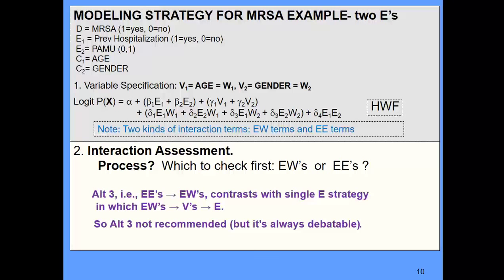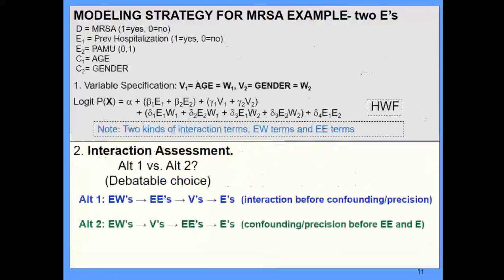Alternative 3 allows you to consider the EE in a wrong order. This is what I'm sort of saying here. Let's see what I said. Alternative 1, interaction before confounding. Alternative 2, confounding and precision before EE and E. But both of them, particularly alternative 2, don't let you touch the E's until the end.